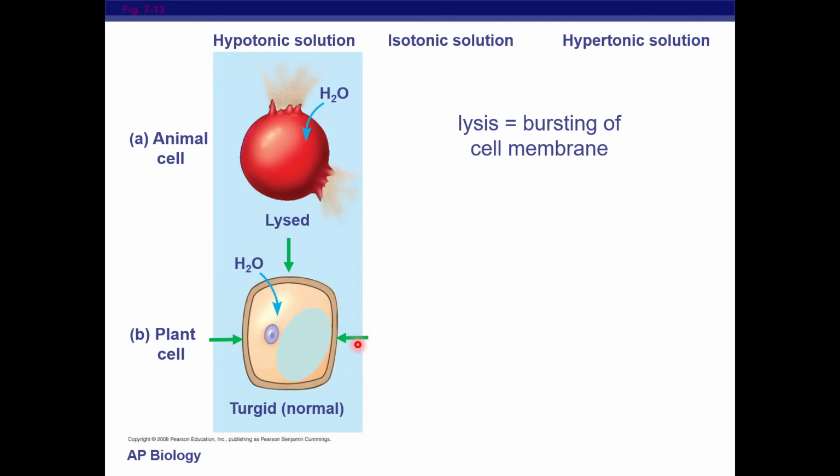The cell wall pushes back as the water is expanding the cell and pushing outward. This is a benefit to a plant cell because it gives it a turgid or normal situation. These plant cells help the plant stand up straight because of the pressure against those cells.